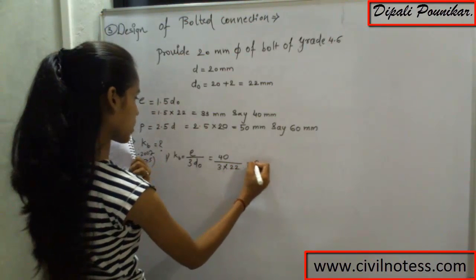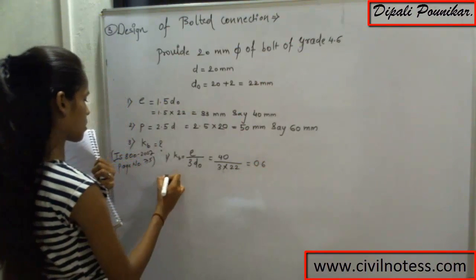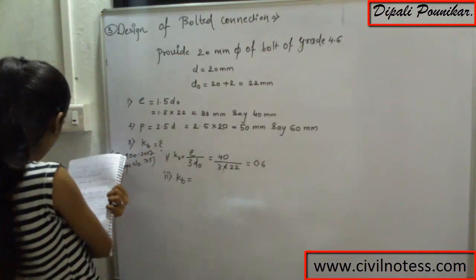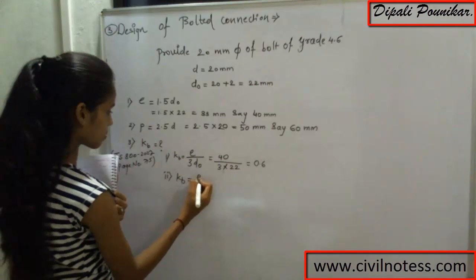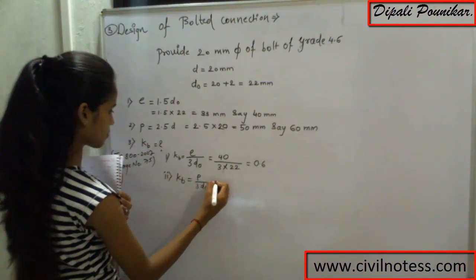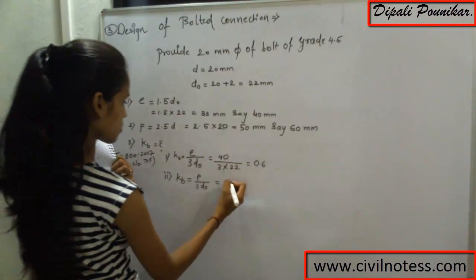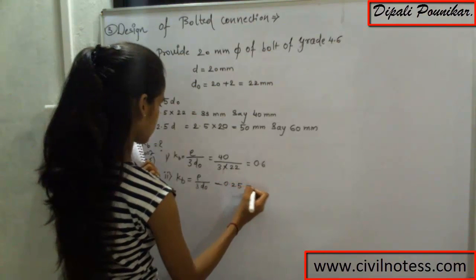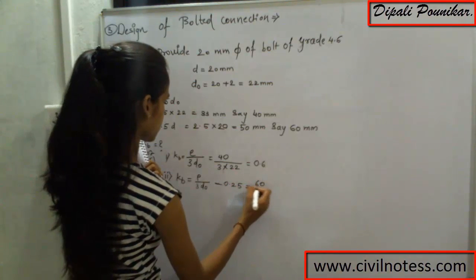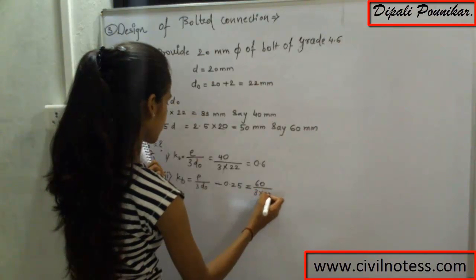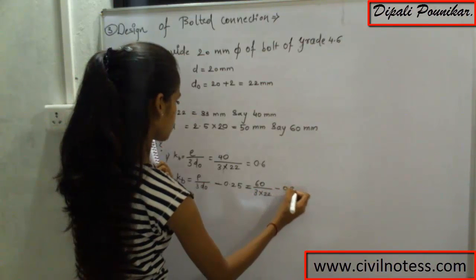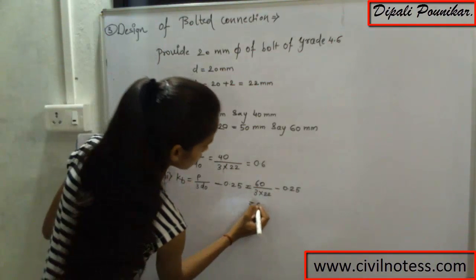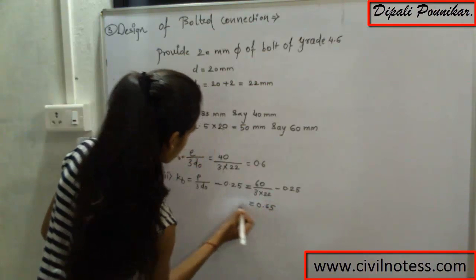After calculating, we get 0.6. The second one is kb equals p upon 3D0 minus 0.25. The pitch is 60 upon 3 into 22 minus 0.25. After putting the values, we get 0.65. That is kb.